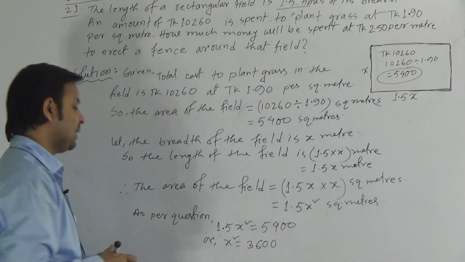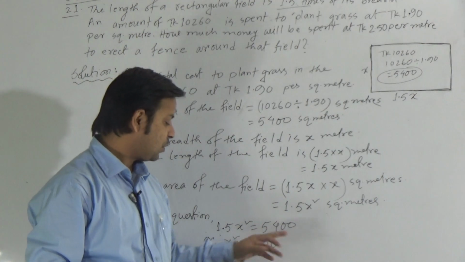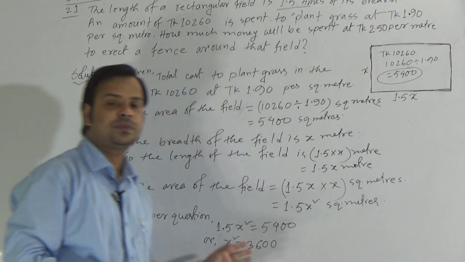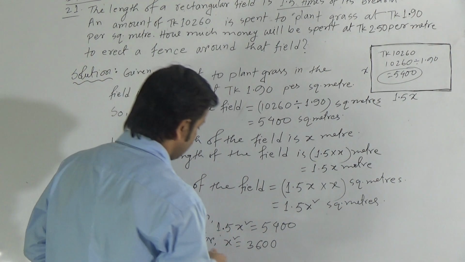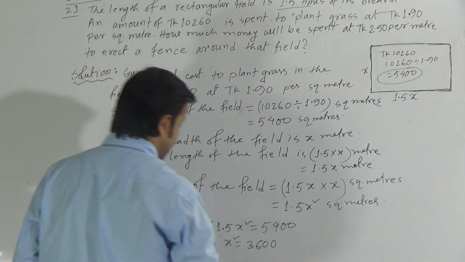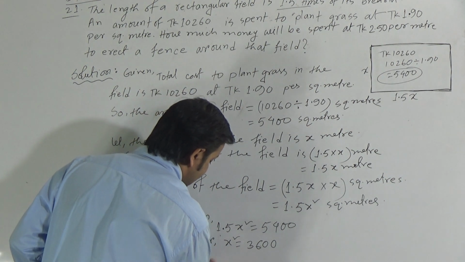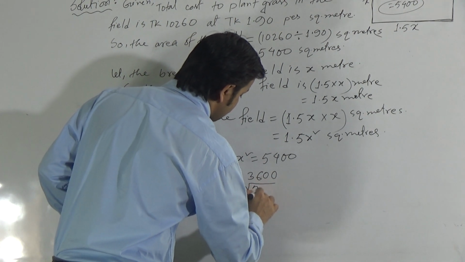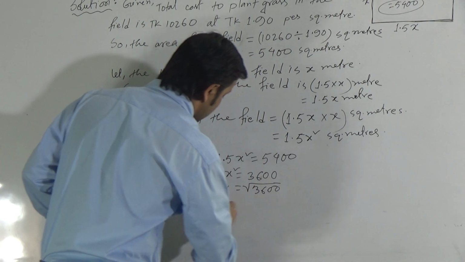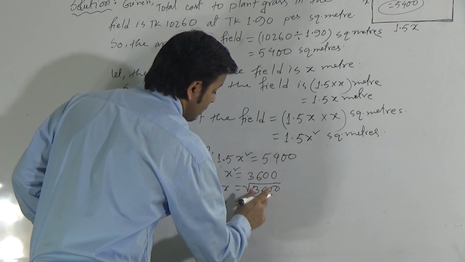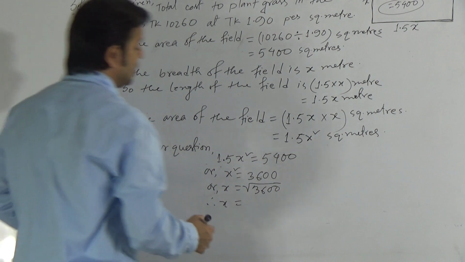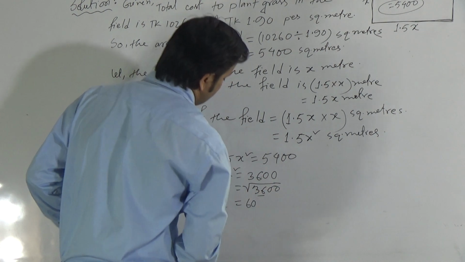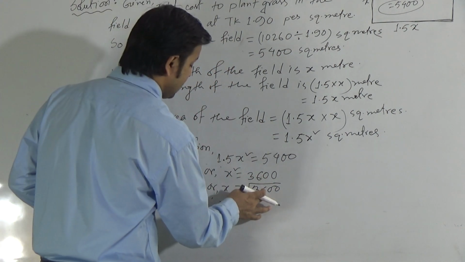If we divide 5400 by 1.5, we will get 3600. Now we can determine the value of x equal to square root of 3600. Therefore x equals, if we take the square root of 3600, for this 36 we will get 6 and for this 00 we will get 0, and this is our value of x.